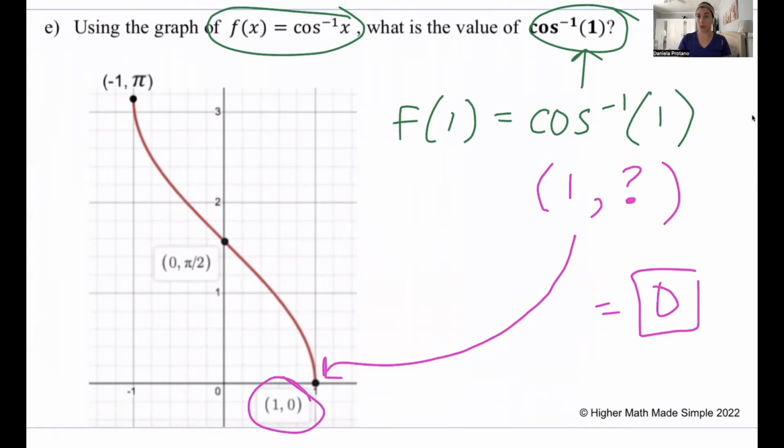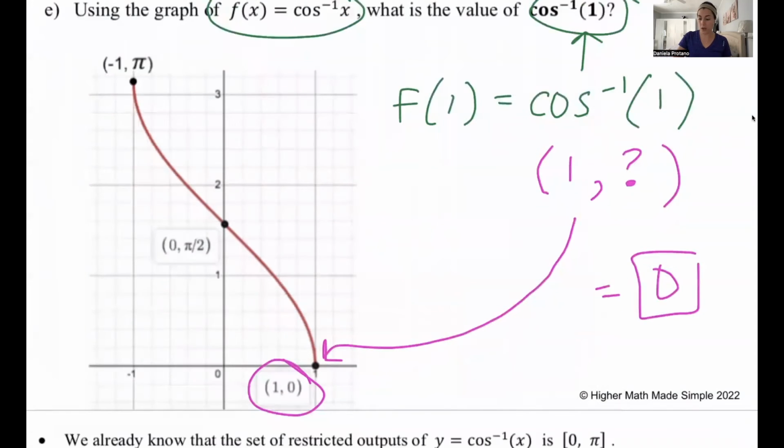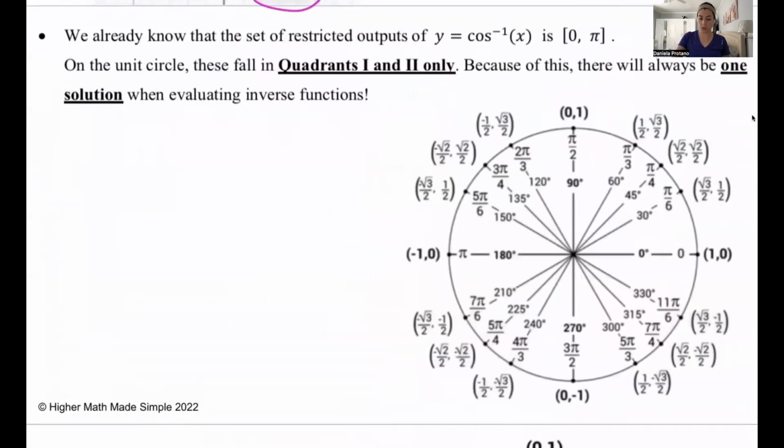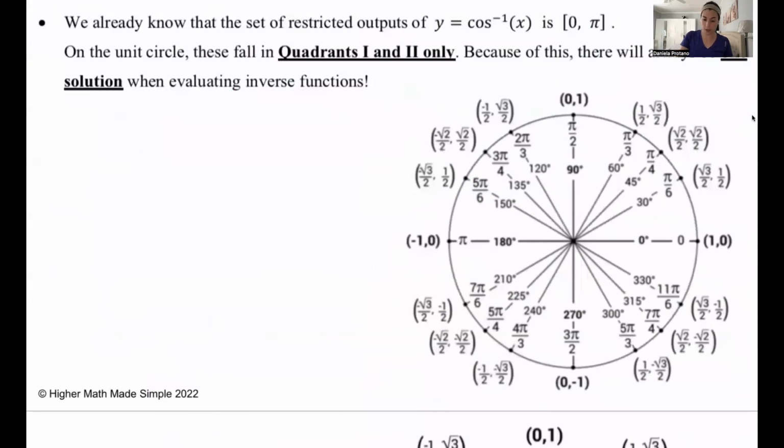Okay, so if we look on the unit circle, now cosine, right, we always look for the x value of the ordered pair on the unit circle. So we were doing arc cosine of +1. Since we're in the cosine world, we're looking for the x values. So where in the unit circle do you see the x value +1? We can clearly see that our answer is 0. So that does check out.